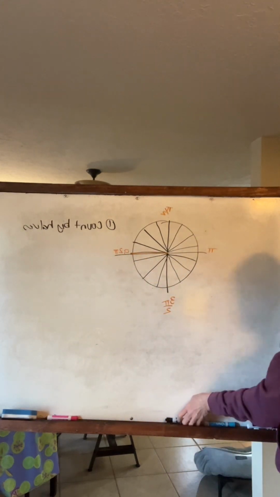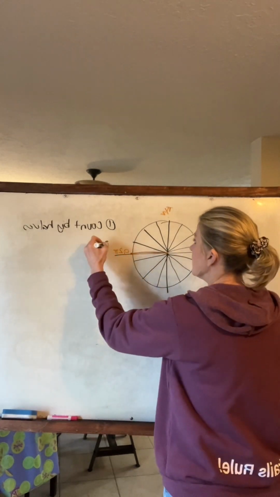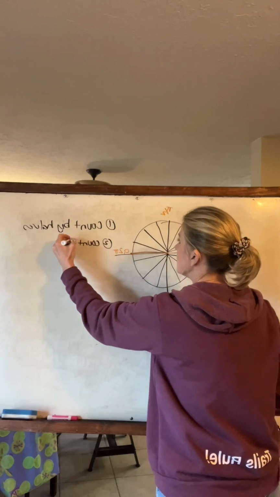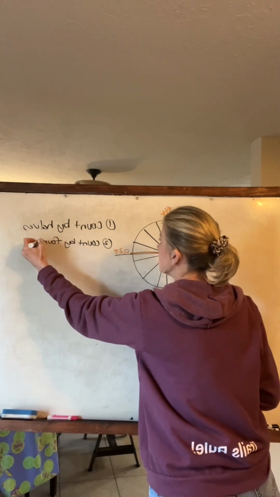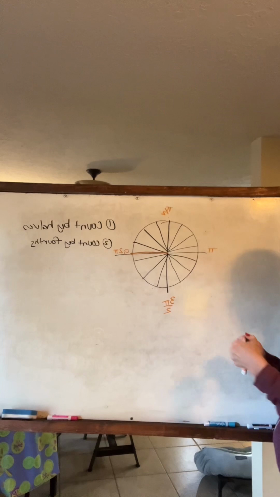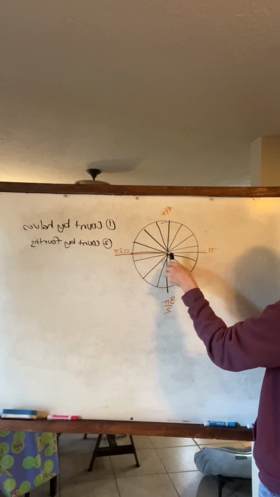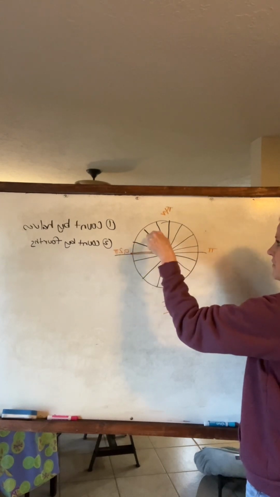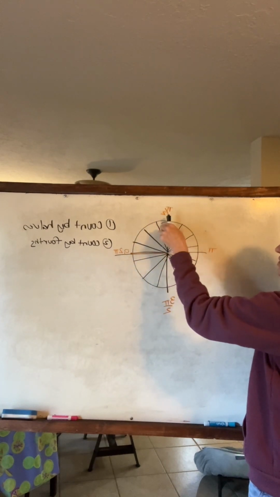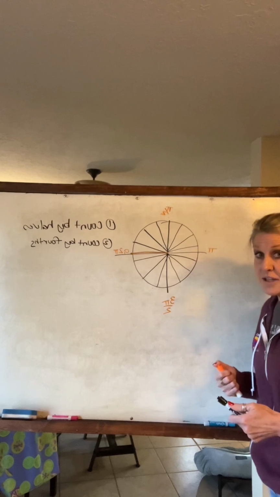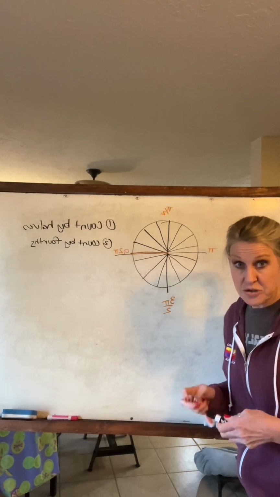Okay, my second lap, I'm going to count by fourths. And when I count by fourths, the fourths are the middle marks of every quadrant. But every time I make another lap, I'm going to make sure that I count my quadrantals in that lap. That keeps me on track.